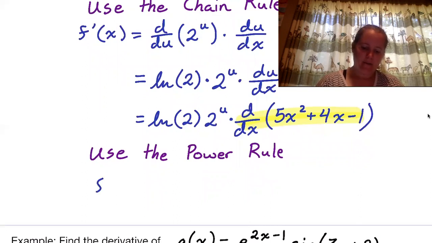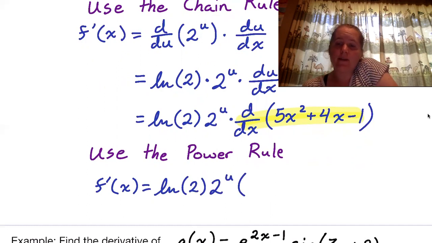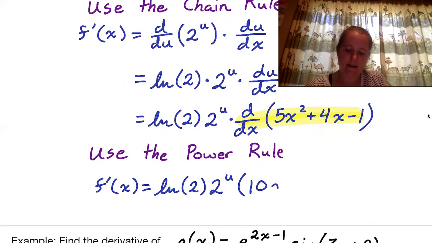So we have f prime of x is equal to the natural log of 2 times 2 to the u times 5x squared. We would pull that 2 out front. It becomes 5 times 2 or 10x. The derivative of 4x is 4 and the derivative of minus 1 would be 0. And so this is what we wind up getting as our derivative.